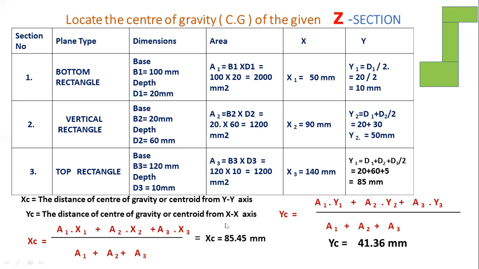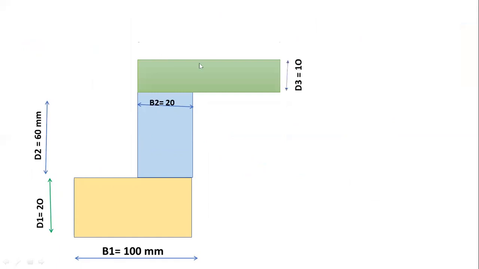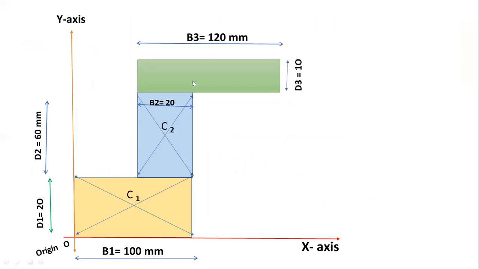Now I will show the position of the centroid of the Z section. Here this is the reference x-axis, this is the reference y-axis, and this one is the origin. Now C1 is the centroid of the bottom rectangle, C2 is the centroid of the middle rectangle, C3 is the centroid of the top rectangle.